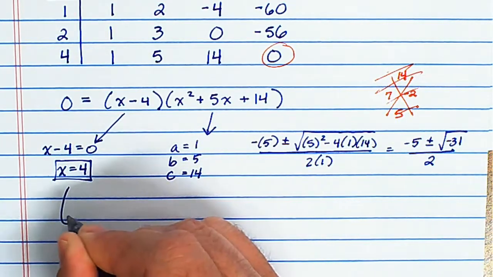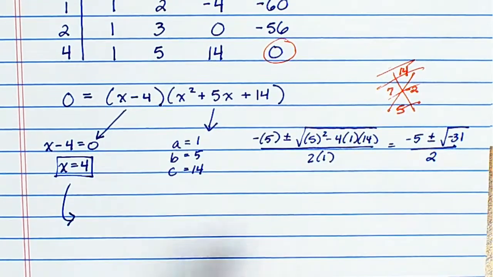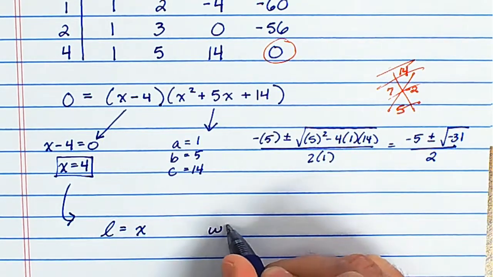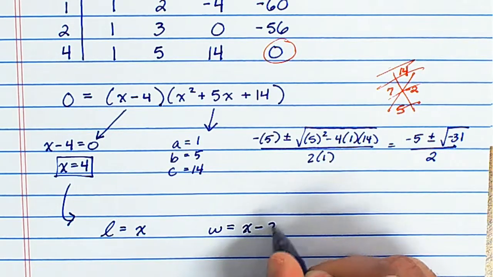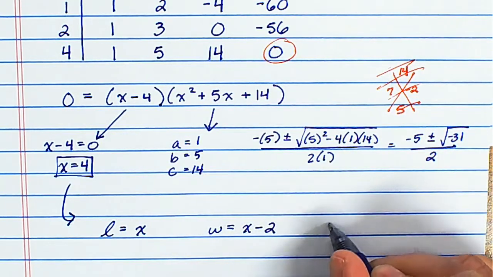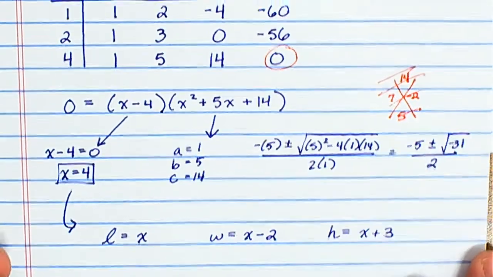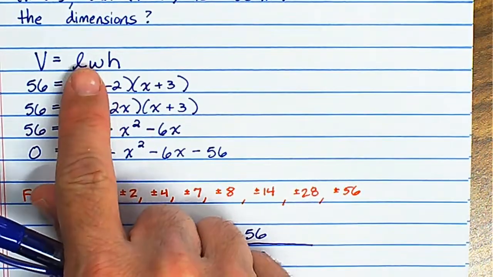And then I'm going to take that and translate that. I know that my length was x, my width was x minus 2, and my height was x plus 3. And that's from all the way back up here.